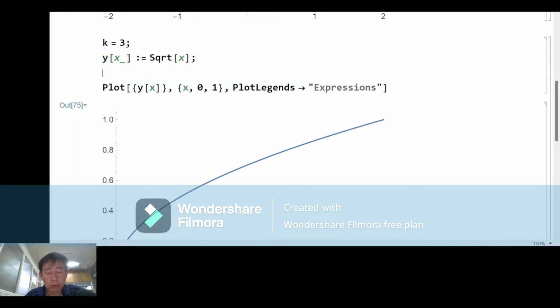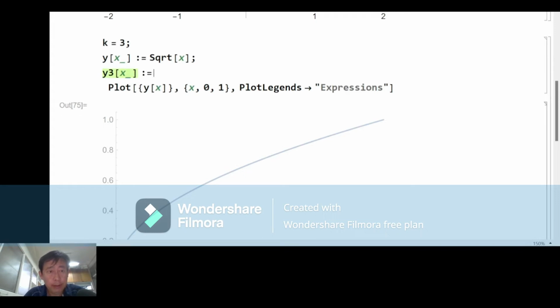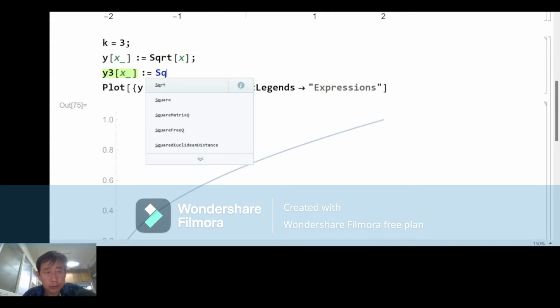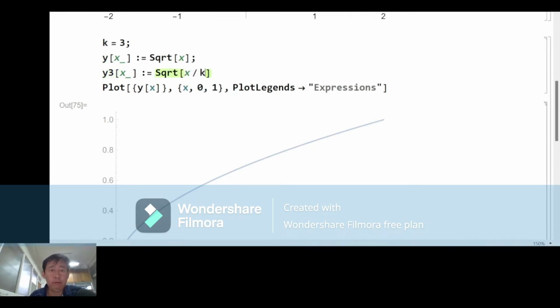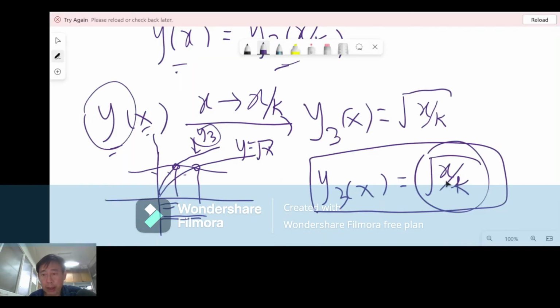So now I'm going to define my function of y3, which I argue has a form of square root of x divided by the compression factor of k. So that is what I expect.